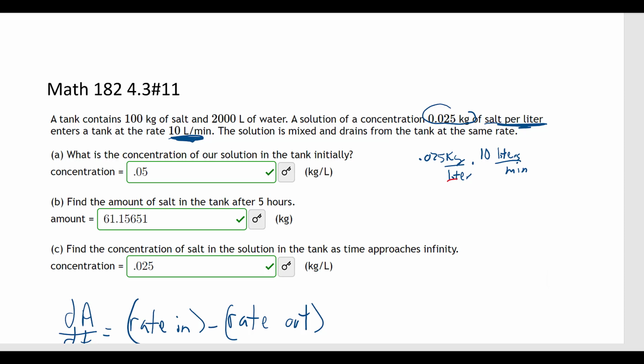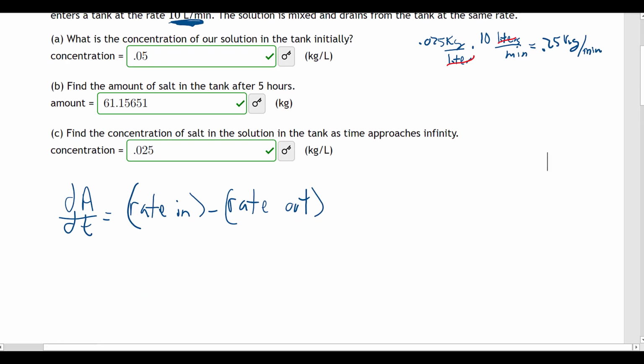The liters cancel, and we end up with 0.25 kilograms per minute of salt coming into the tank. So we have 0.25 coming in. Now we talk about what's going out.